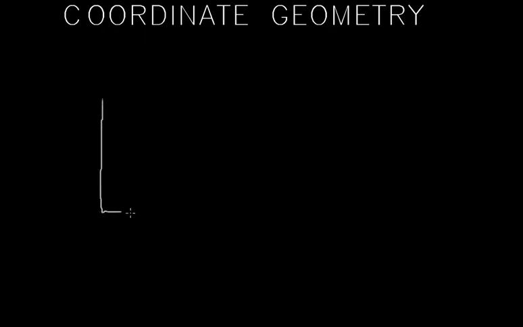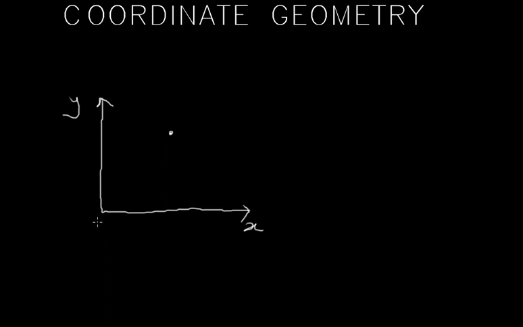The Cartesian plane has two axes, the y-axis and the x-axis, and we can identify and name points within this Cartesian plane by their x-coordinates and their y-coordinates.